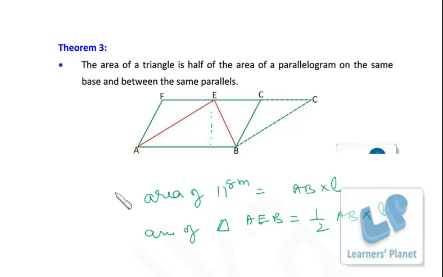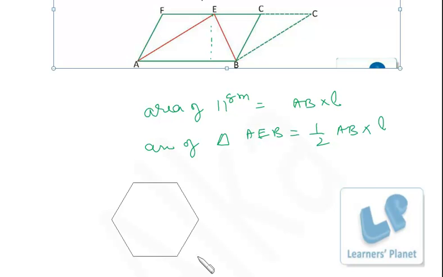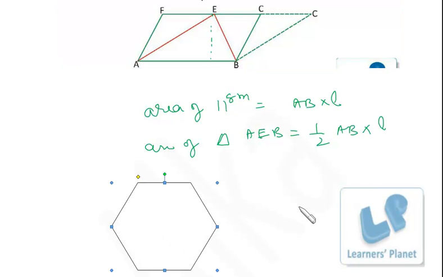Most of the theorems related to triangles and quadrilaterals we have discussed. A brief idea of the hexagon I just gave you. See, a regular hexagon is a combination of 6 equilateral triangles. If you draw the diagonals of the hexagon like this, you'll be able to get 6 equilateral triangles.